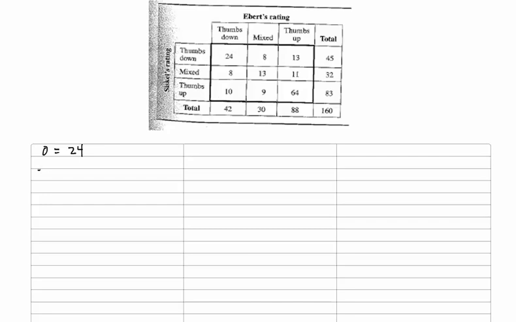Now my expected value for row 1, column 1 is equal to our row total, which is 45, times our column total, which is 42, divided by the total number of observations, which was 160. And this is equal to 11.8125.